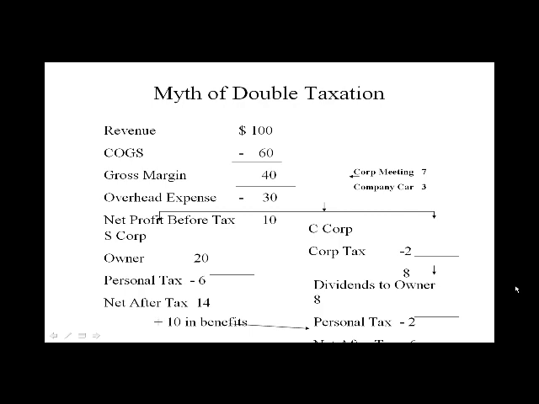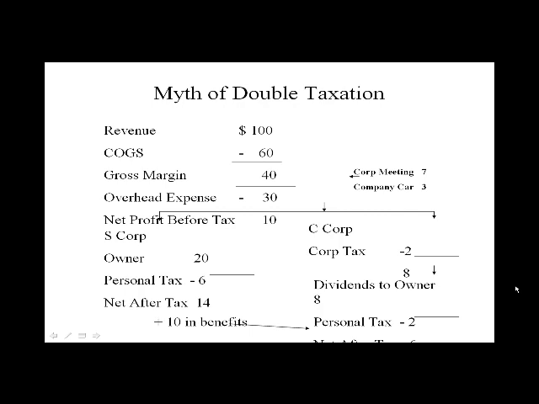Again, the slide is a little mixed up from the formatting, but take a look at it on the PDF file. Now we wind up, because we've had more expenses, with a net profit before tax of 10. If we had elected to be an S Corp, we could not deduct that corporate meeting or company car. No personal benefits. It flows right through. But as a C Corp, we can use it.